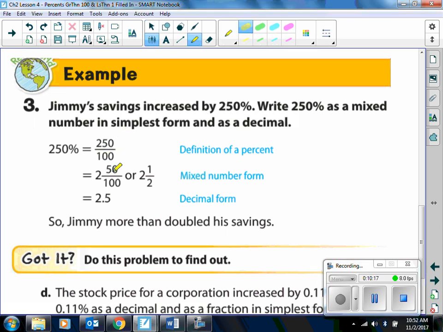And then you can change that improper fraction to a mixed number. How many times does 100 go into 250? That's twice, with 50 left over. And then we can simplify to 2 1/2. So there's our mixed number. And 2 1/2 as a decimal is 2.5. Is everybody clear with that? So that says that Jimmy more than doubled his savings.